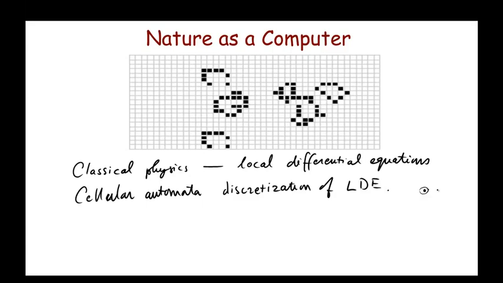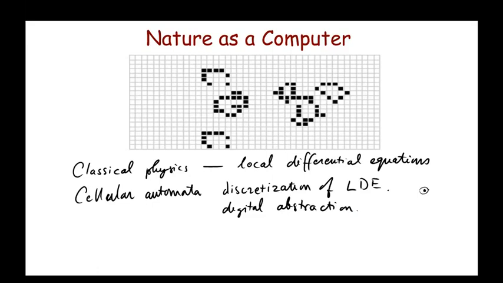And so you have to discretize it, you have to have a digital abstraction. And once you take your local differential equations and you subject them to a digital abstraction, you get cellular automata. So that's the argument that polynomial time is the limit of what you can compute in the physical world, classically.